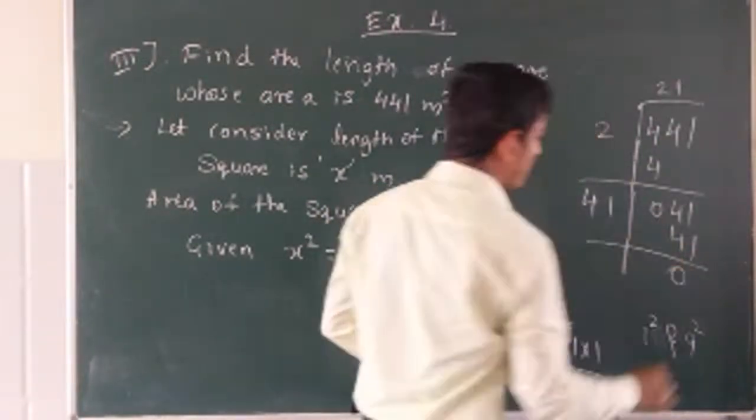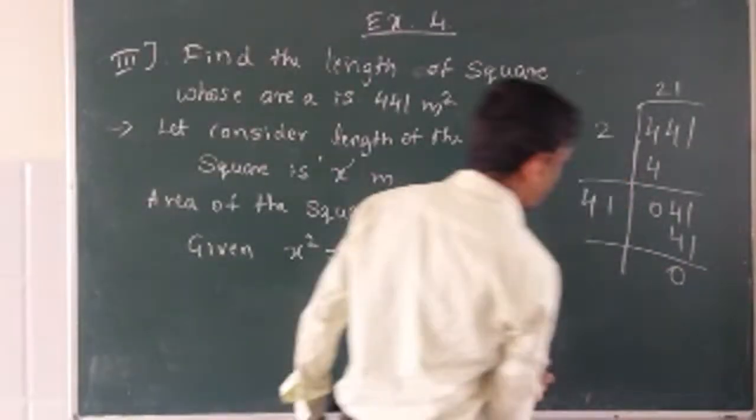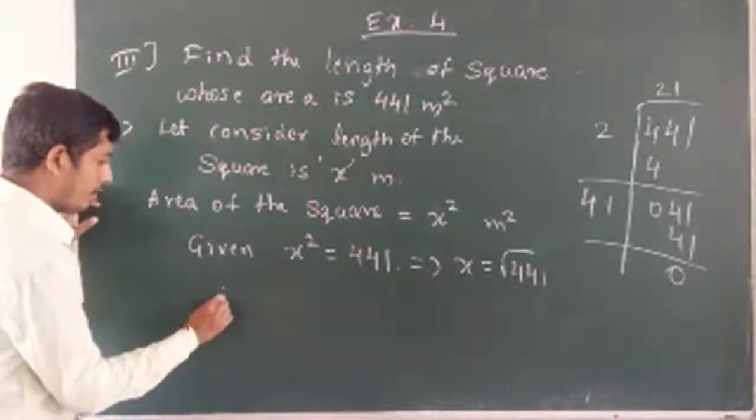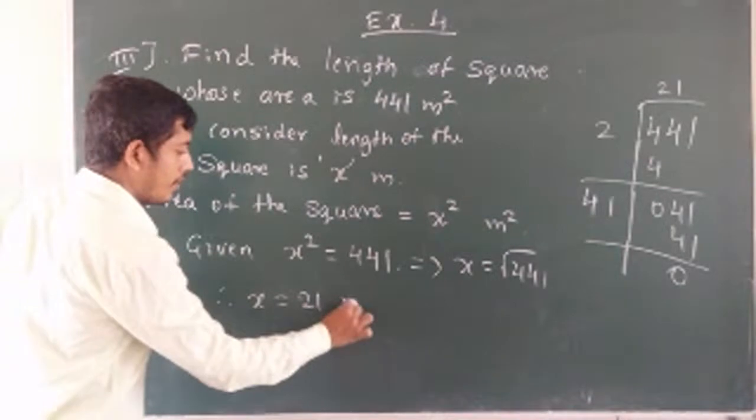Therefore, the remainder is how much? It is 0. So x value becomes 21 meters.